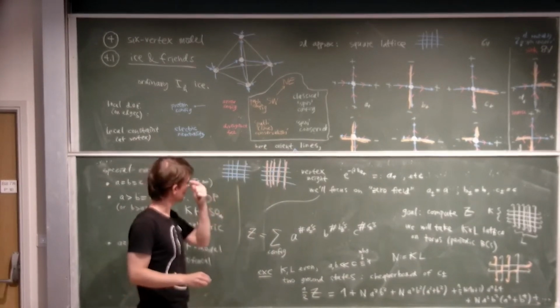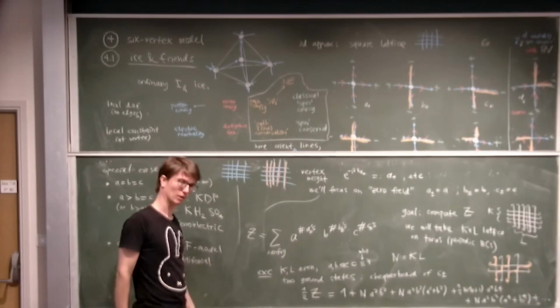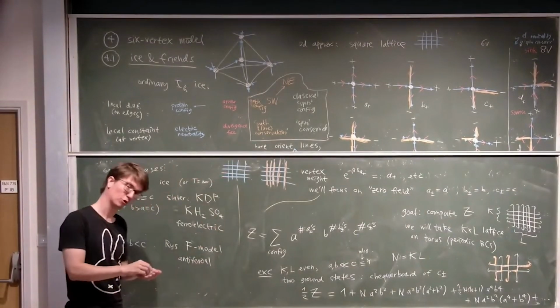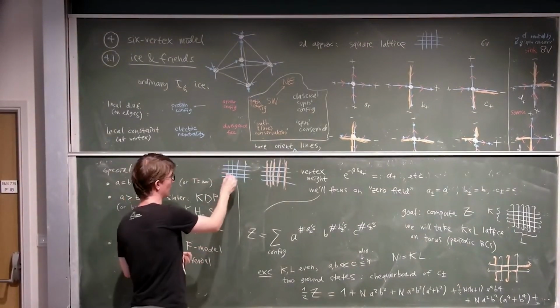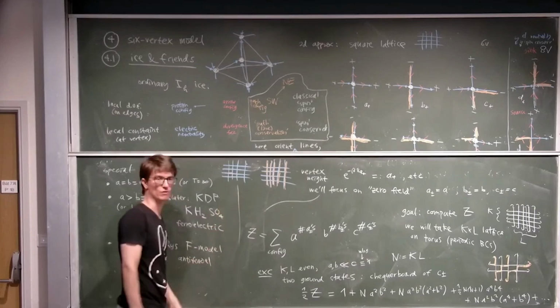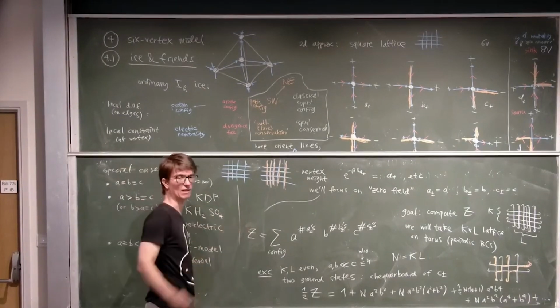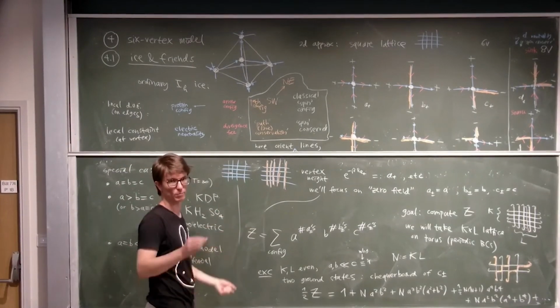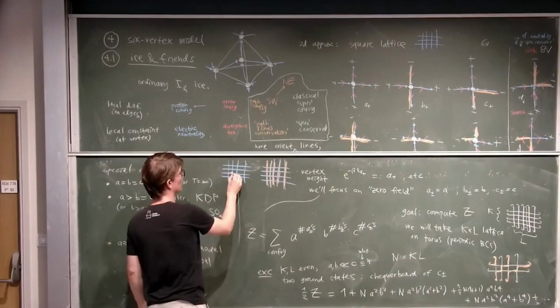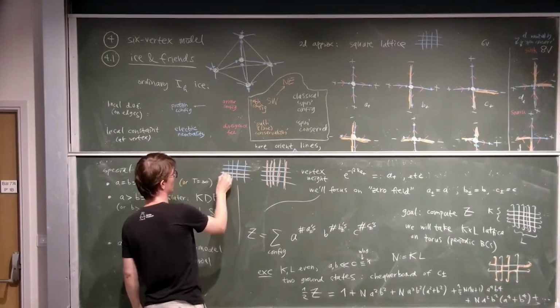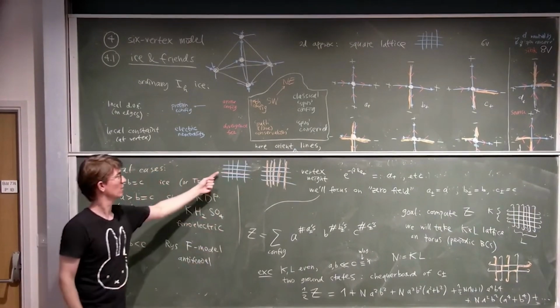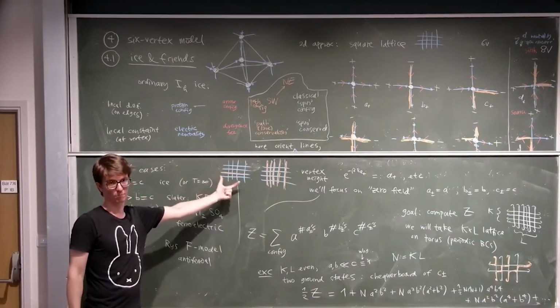So how do I perturb around this? Well, I have to create a line somewhere. If I'm going to create a line somewhere, it has to go somewhere. So this perturbation is going to be kind of macroscopic, and depending on whether B and C and so on. The best that I can do is maybe, for instance, this. So this is a perturbation around it, and it's already system size, length big.